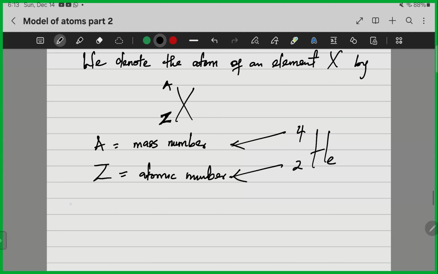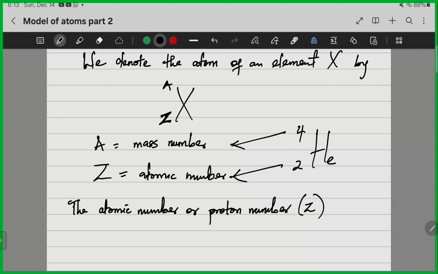So let's go ahead and talk about that for a bit. The atomic number, or proton number, is the number of protons in the nucleus of an element.